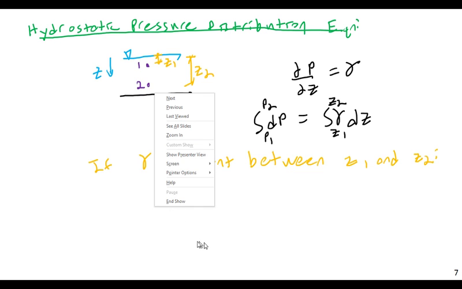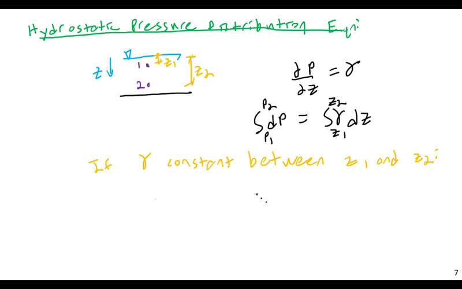well, the integral will be fairly straightforward. I can pull the gamma out. I'll have the integral from P1 to P2 of dP equals gamma times the integral from z1 to z2 of dz. All I did was say gamma is constant between z1 and z2, so I can pull it out as a constant.